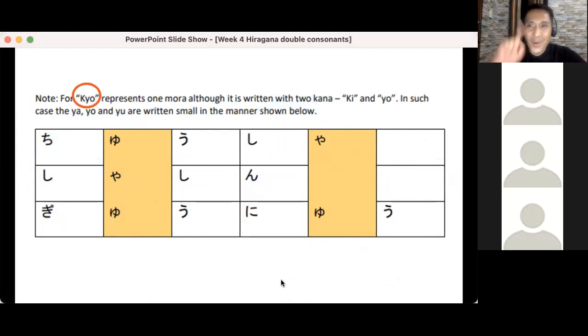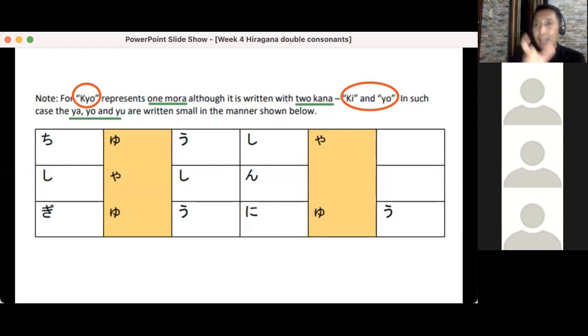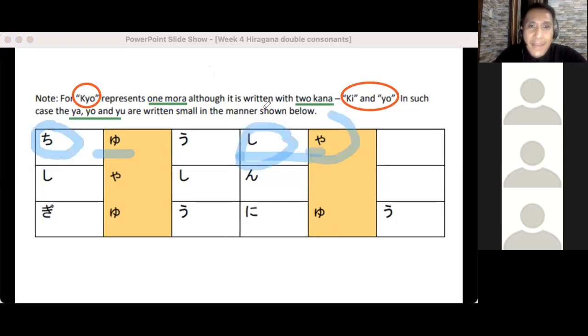So kyo represents 1 mora. That is 1 mora with 2 kana, ki and yo. In such a case, the ya, yu, yo are written small in the manner shown below. It's easy to tell that it is 1 mora. When the kana is small and placed beside a big kana, it means it is only one sound. If this is big and this is small, it means the sounds are combined. Big and small, their sounds blend.